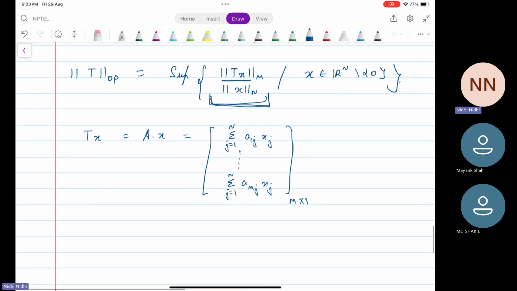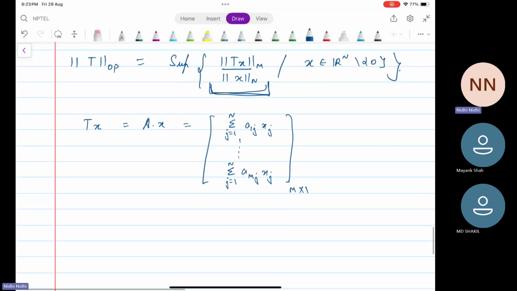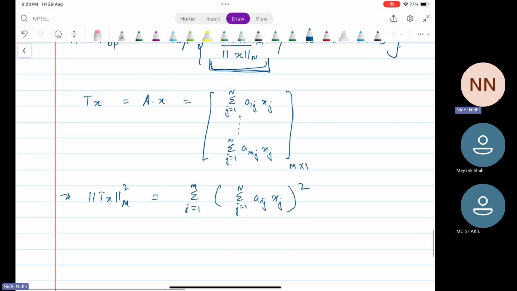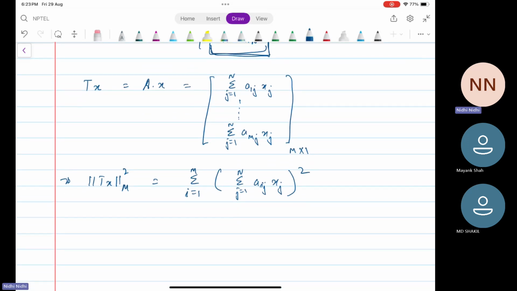So its Euclidean norm squared will be summation i from 1 to m, then summation j from 1 to n, aij xj, squared.